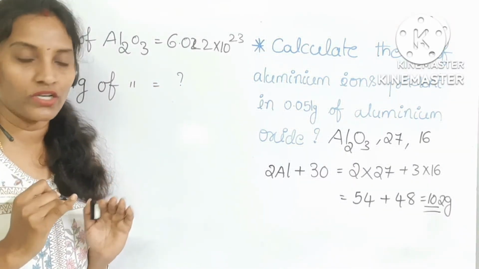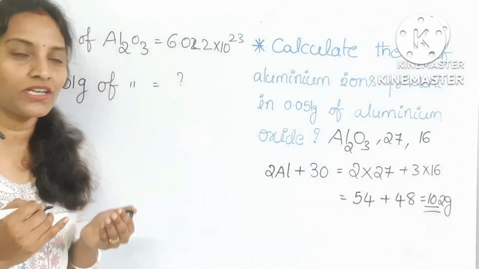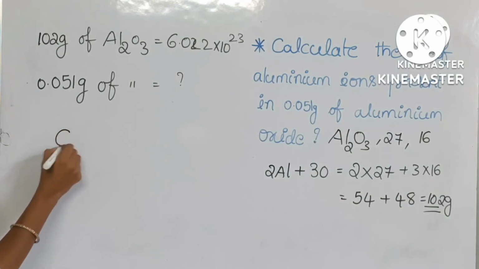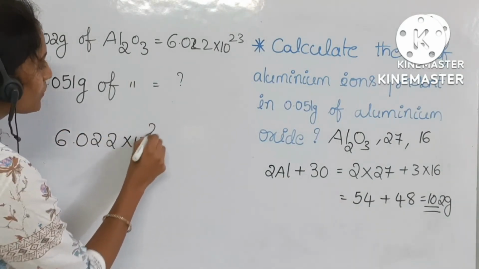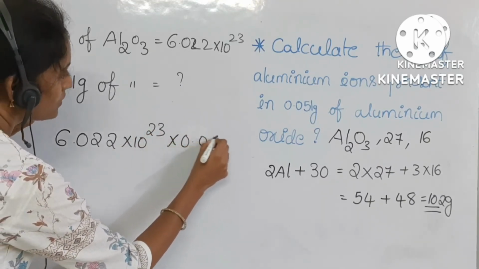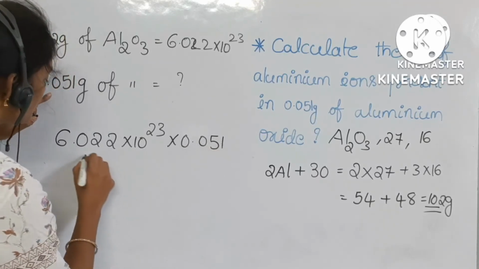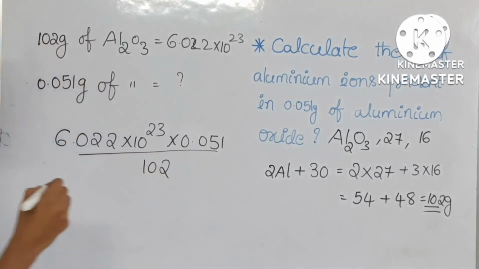You should calculate. Same old story here also, you can use cross multiplication, then you will get 6.022 into 10 power 23 into 0.051 grams divided by 102 grams.